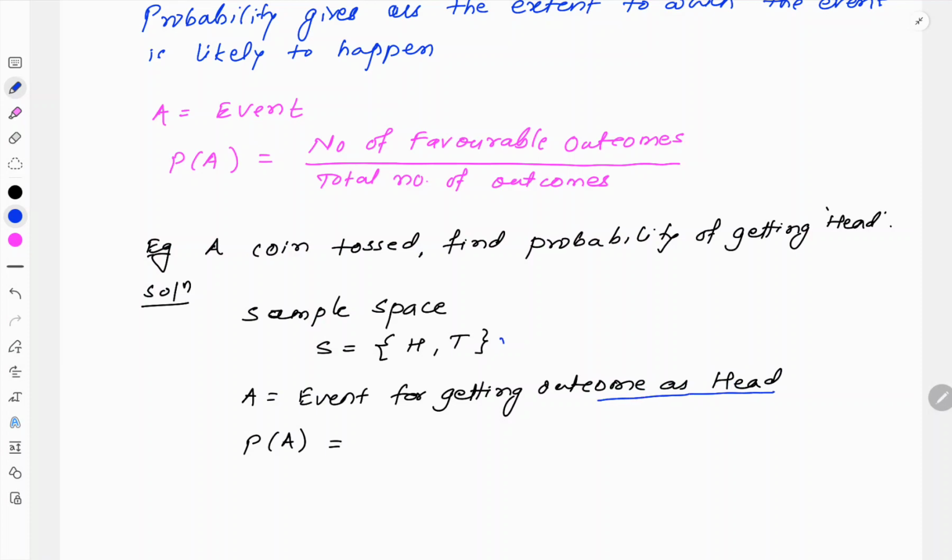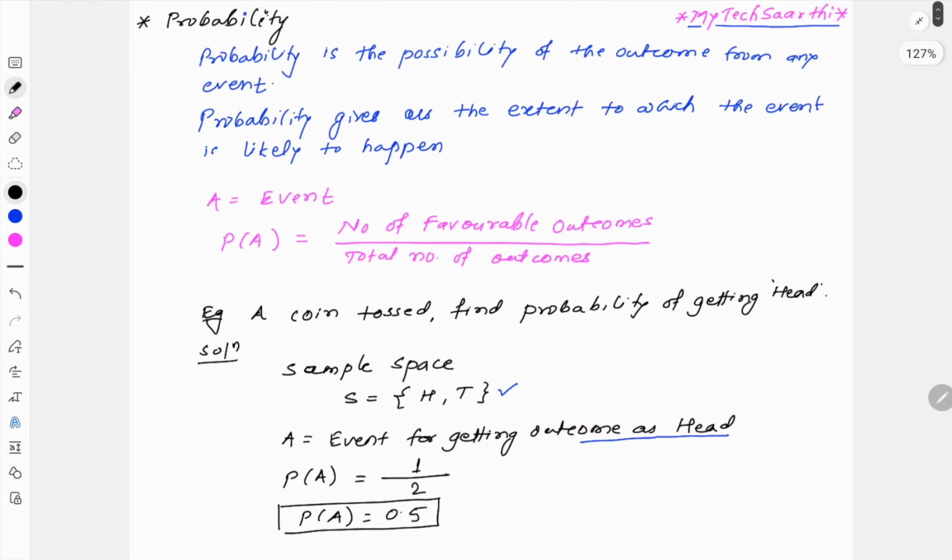So from the sample space, check the number of outcomes where we get head as the output. In this sample space we have only a single head. So 1 divided by total number of outcomes. In the sample space we have a total of 2 outcomes, so here we get the probability of getting head as 0.5. In this way we can determine the probability for any event.